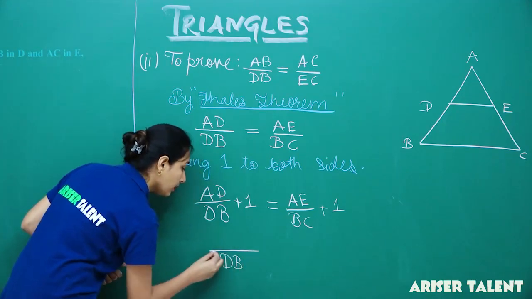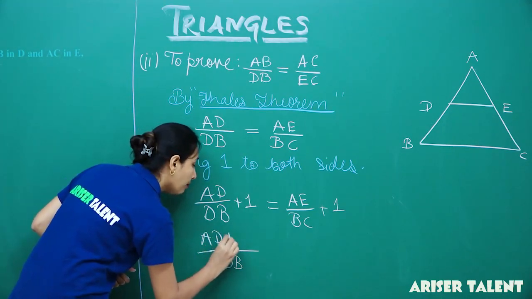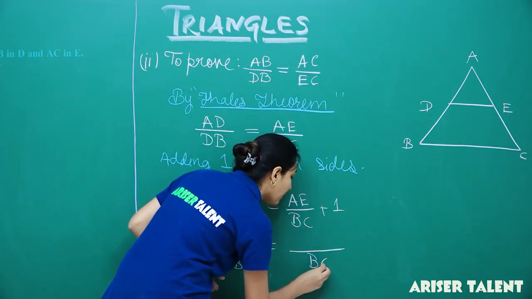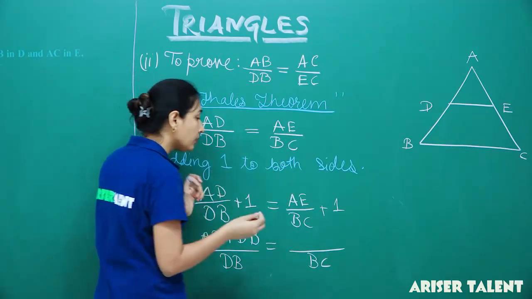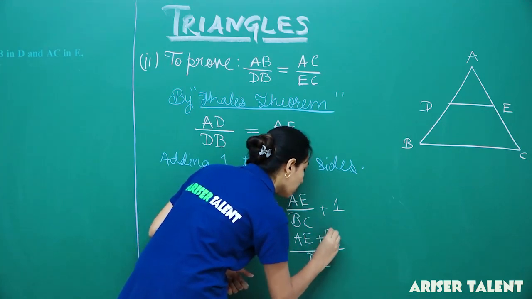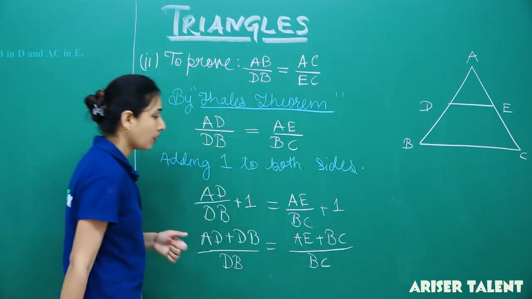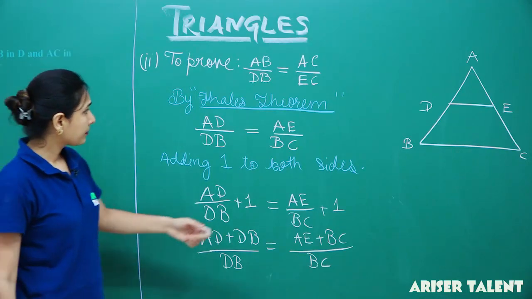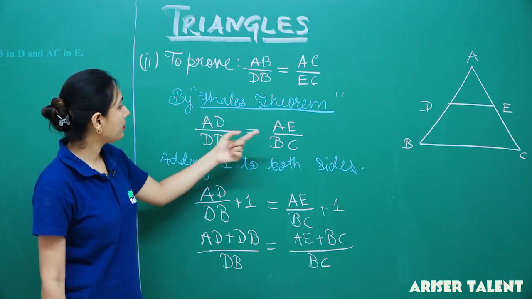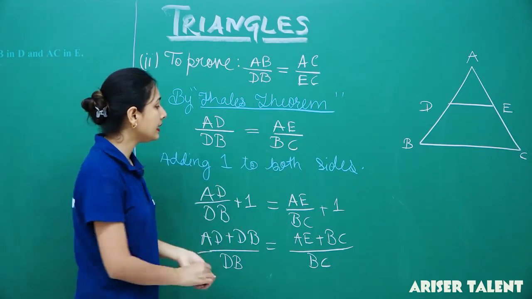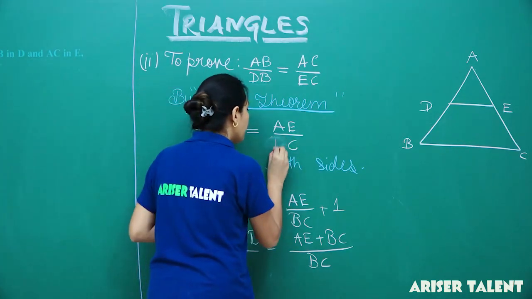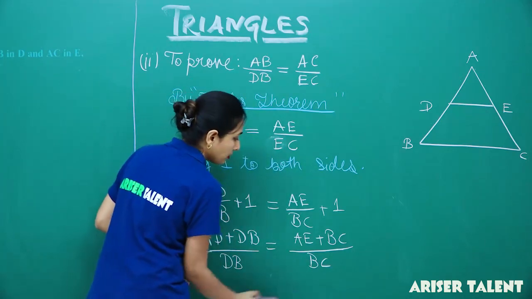It will become AD plus DB over DB. Students, write fast, not just note but write it down in your own way, because I have told you to do this, right? AD plus DB by DB equals AE plus EC by EC. You have to write EC here.